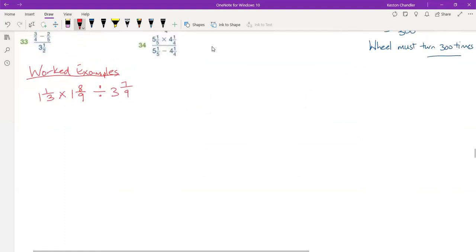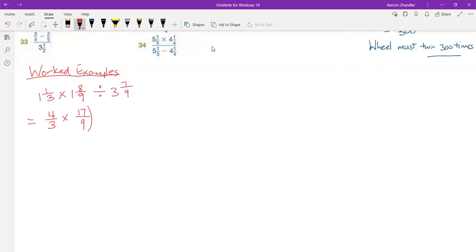If you're not using a calculator and you're working them out like this, then you should do it line by line. The other thing is you want to convert all mixed numbers into improper fractions. So 1 multiplied by 3 plus 1, that's 3 plus 1, 4. So this is 4 over 3. Multiplied by 1 by 9 is 9 plus 8, that's going to give me 17 over 9.